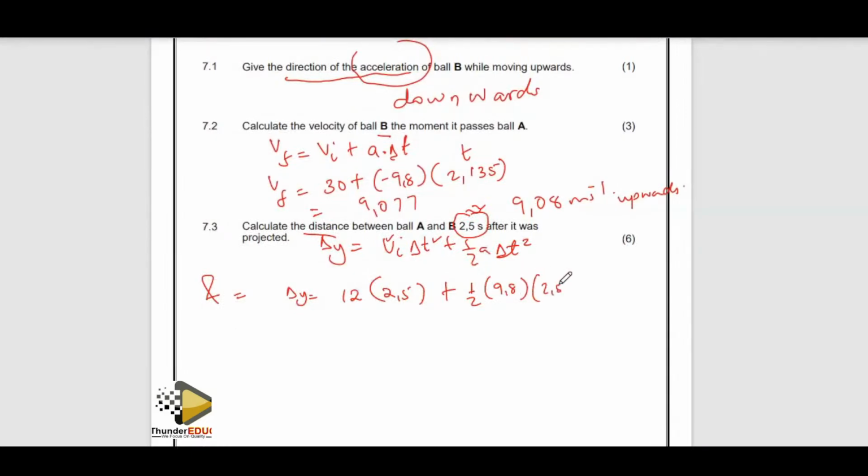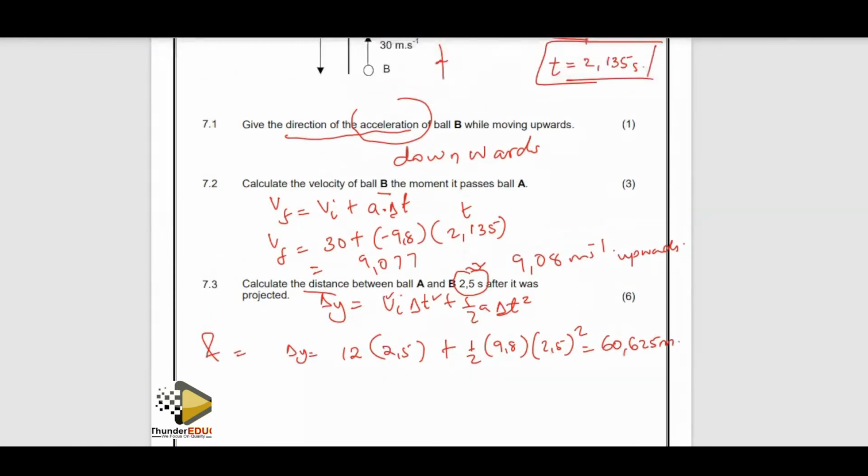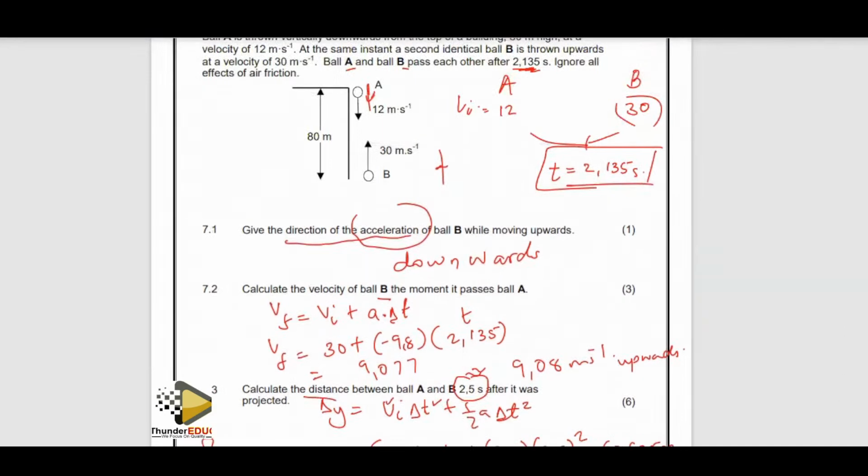And then times 2.5 squared. Okay, 12 times 2.5 plus 0.5 times 9.8 times 2.5 squared. That is giving me 60.625 meters. So that is how far ball A would have traveled.